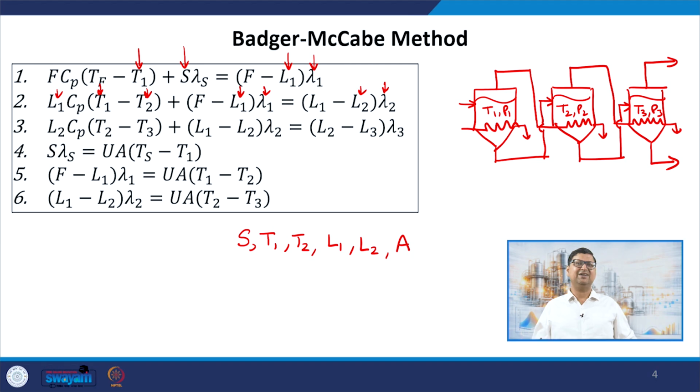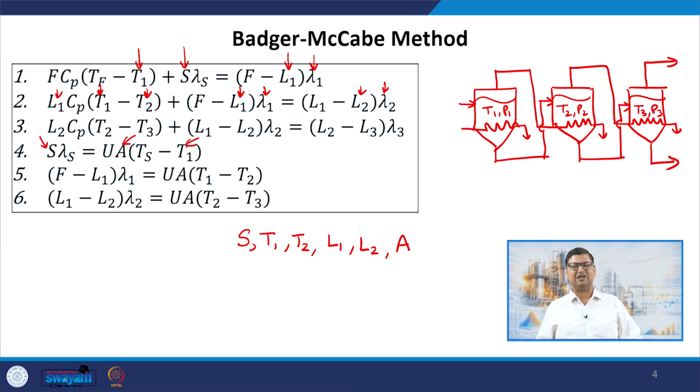So we can go ahead and look at each of those equations, and you see that it is a highly coupled problem, right? Let us say in the fourth equation, again S is unknown, A is unknown, and T1 is also unknown. So everything is so coupled together, we cannot sequentially do it.